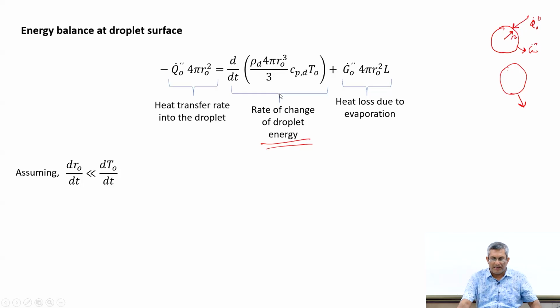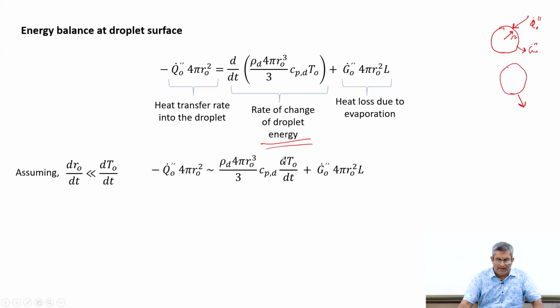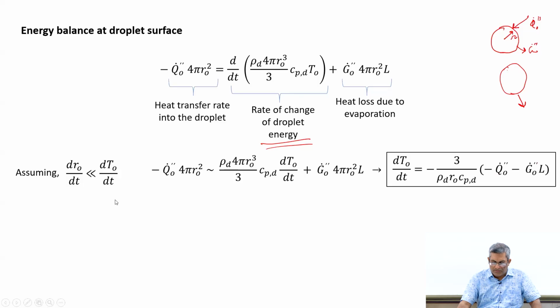So, we can treat this R naught as constant, take this part out, and then we will get this as the rate of change of temperature only with this assumption. And then we can further simplify this to calculate the rate of change of temperature of the droplet in terms of Q naught and G naught.